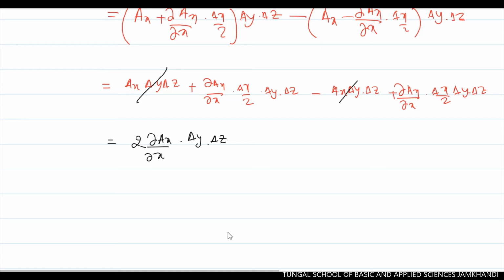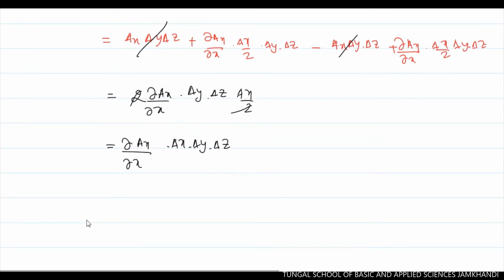Similarly there is another term also. With Δx by 2, the 2 cancels, and I'll be left with only ∂Ax/∂x into Δx Δy Δz. So this is the total net flow of vector A along the x-axis.